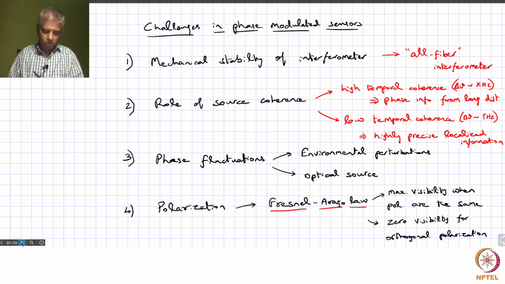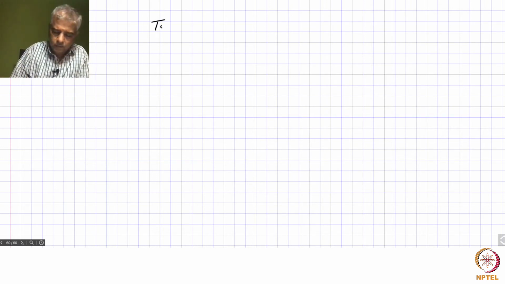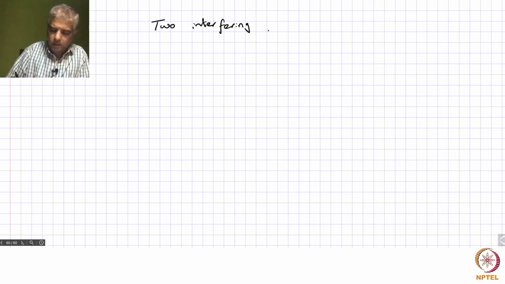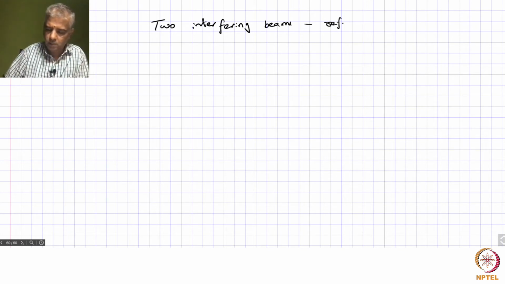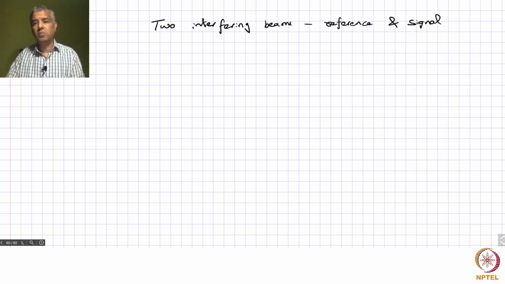So let's try to put this in perspective. Let's consider two interfering beams. One is typically a reference, and another is the signal, the measurement that we want to get done, which is carrying the phase information that we want to pick up.